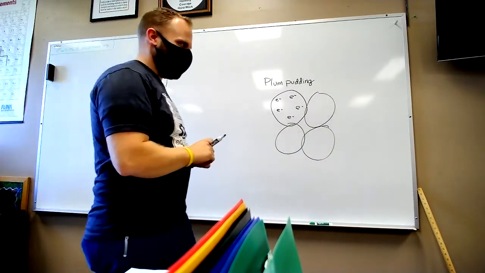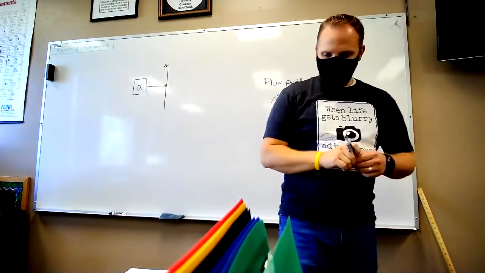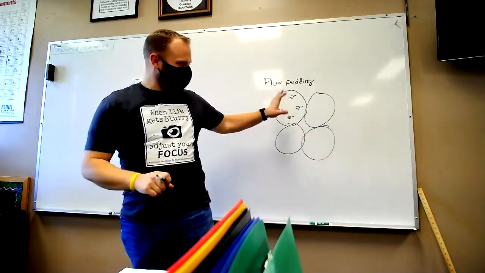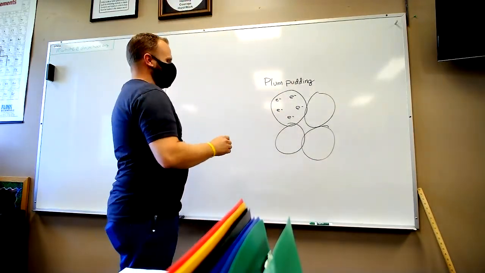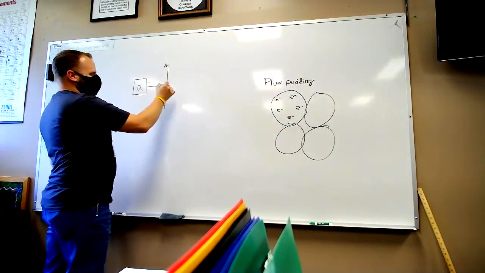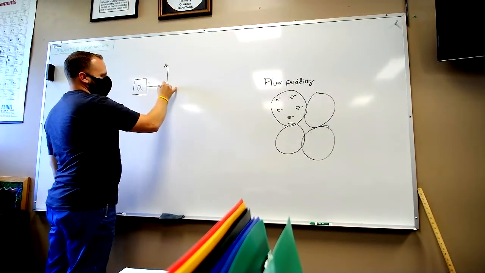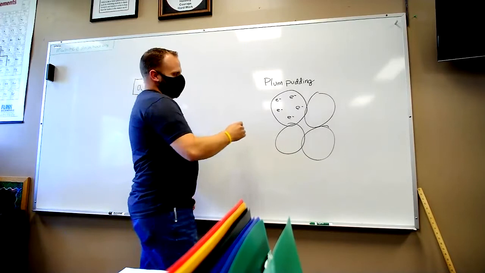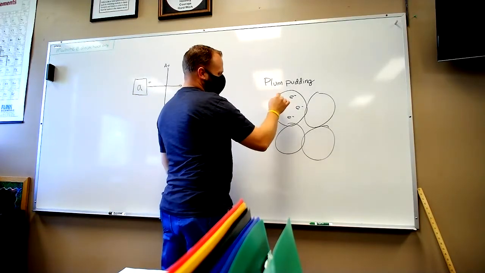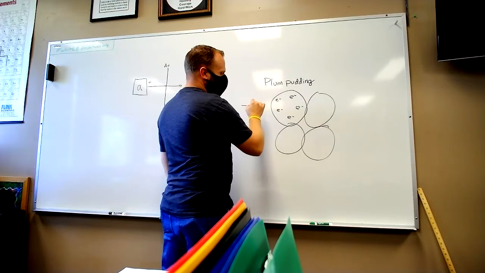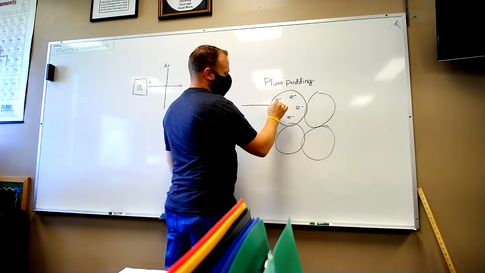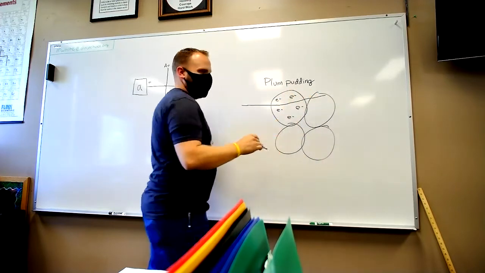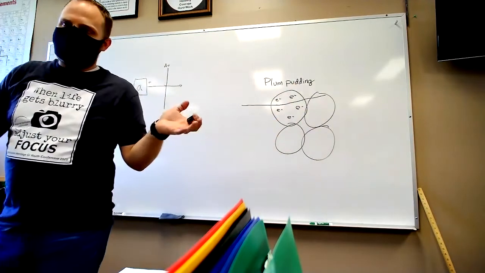He wanted to see what was going to happen. If the plum pudding model was correct, he knew that these alpha particles could actually pass straight through. Now, they're positively charged, which means, we have this electron which is negatively charged, so if it's coming through, it might be pulled a little bit towards one of these electrons because positive and negative attract each other.